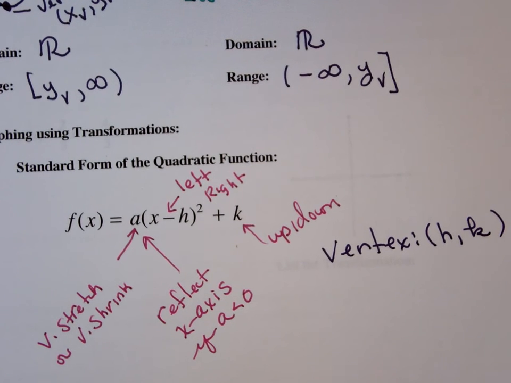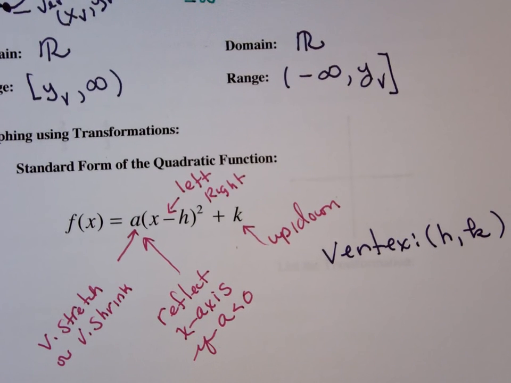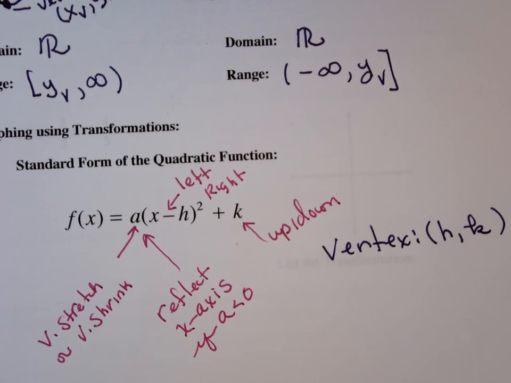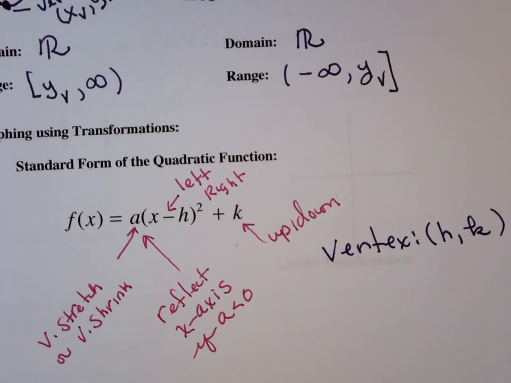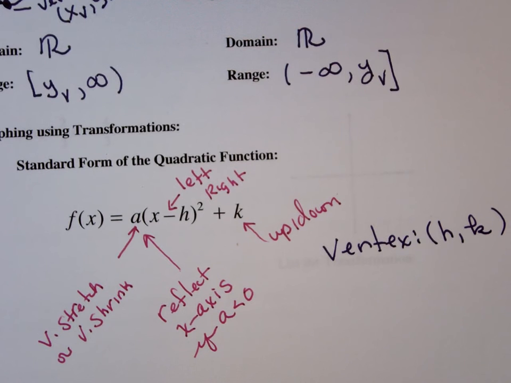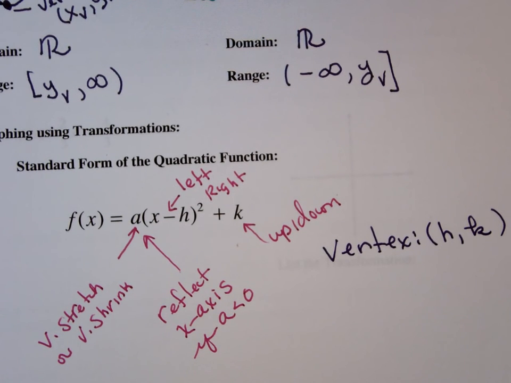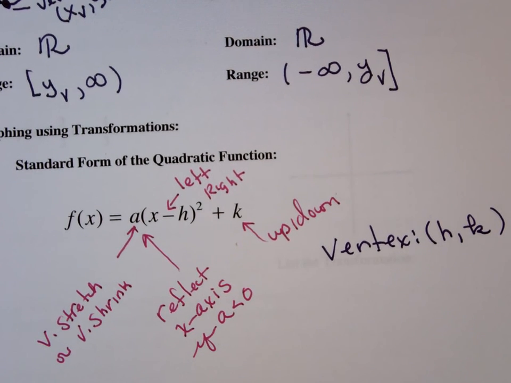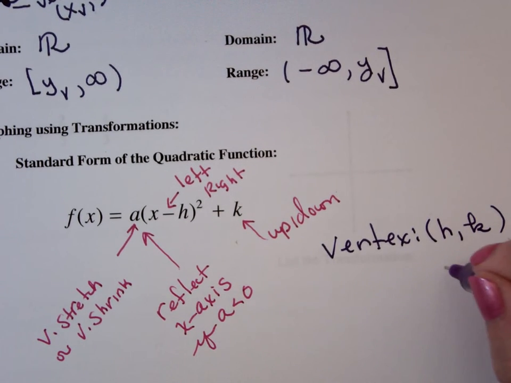Stretches and shrinks don't affect the vertex. Because remember, the vertex starts out at 0, 0. So if you stretch or you shrink in any fashion, that thing is still tacked down at 0, 0. So the vertex doesn't change. However, what changes the vertex is left-right movement and up-down movement. That'll move the x values or the y values. Okay? So the vertex is h, k.